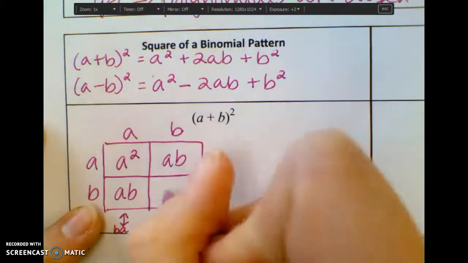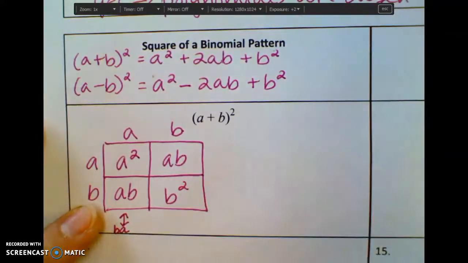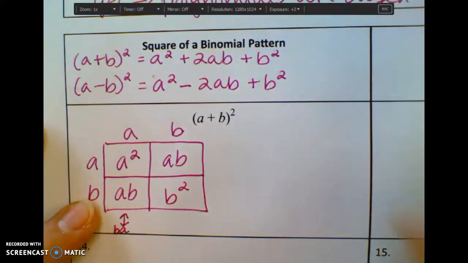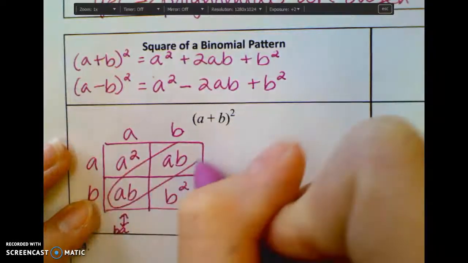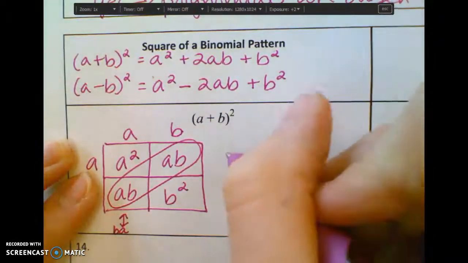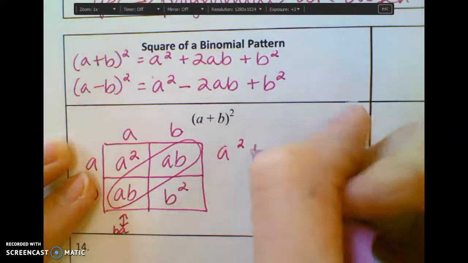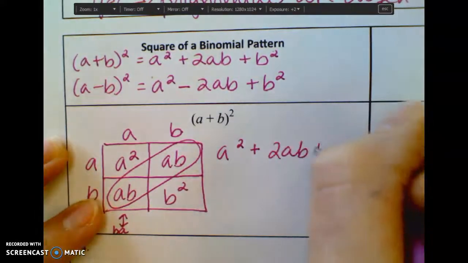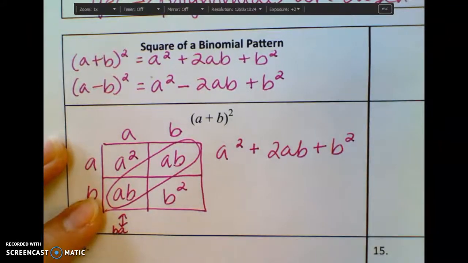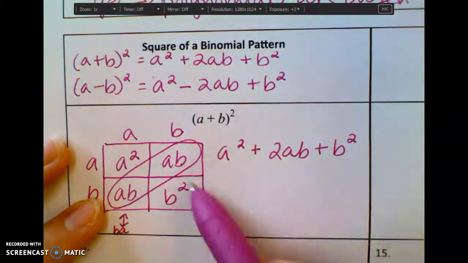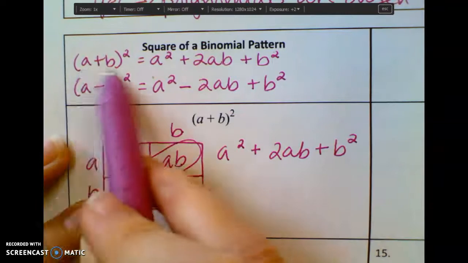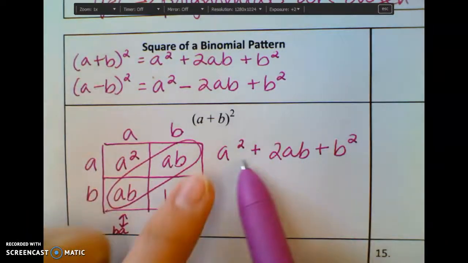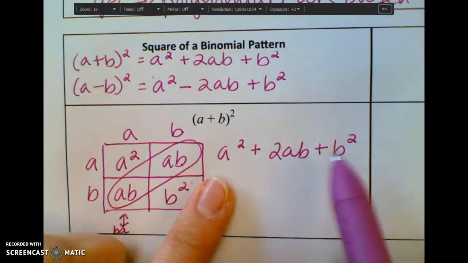And then b times b gives me b squared. When I use a graphic organizer, I can look at my like terms. So this ends up giving me a squared plus ab plus ab, which is 2ab, plus b squared. That has just proven that (a + b) squared equals a squared plus 2ab plus b squared.